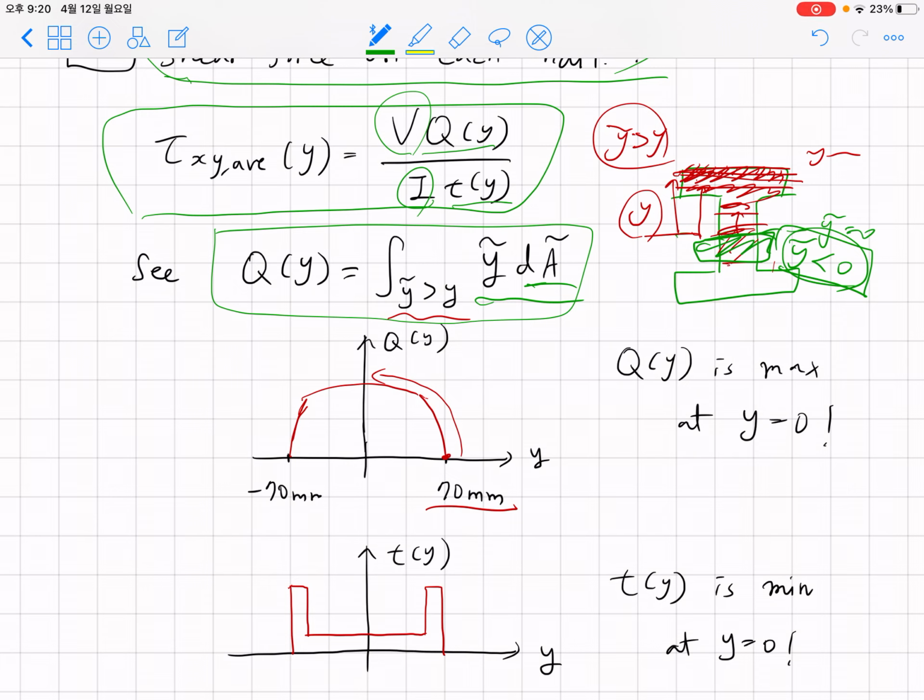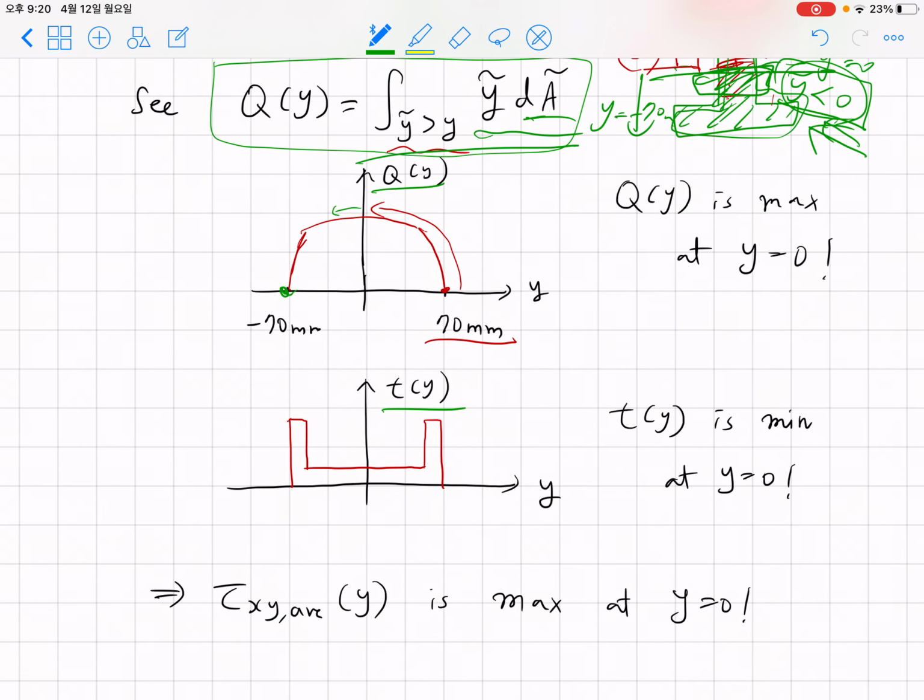So the integral is going to start to decrease, and as you cover the entire area, when y becomes negative 70, you have to cover the entire area in this integral. For this symmetric area, where you have the same area at top and bottom, you have positive contribution here and negative contribution here, and they completely cancel out. So this is the behavior of Qy as a function of y.